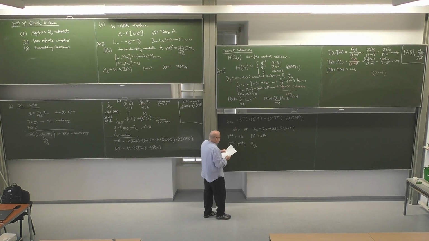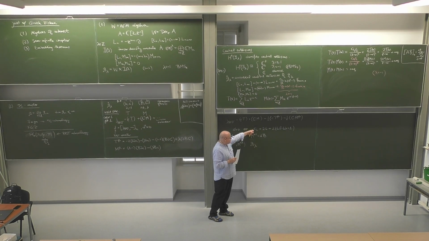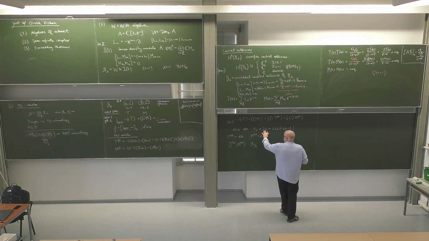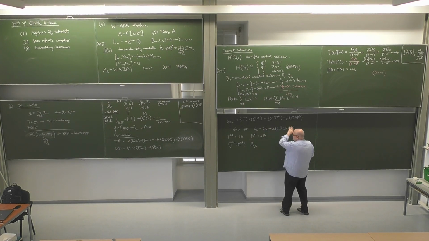So what you're doing is canceling the central extension of the matter system, of T and M, with the central extension of the ghosts. And as you know, the ghosts have minus 26 minus twice.